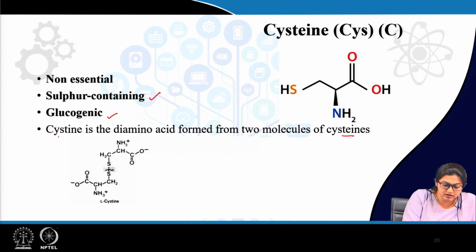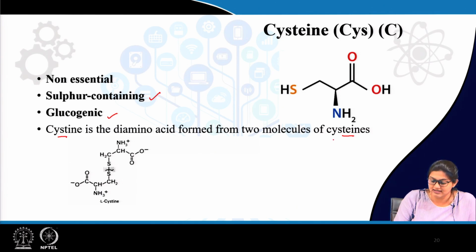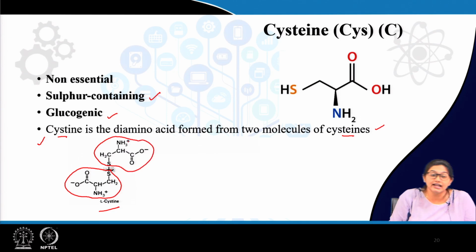Once again, concentrate on the spelling. Cysteine is the single amino acid, whereas cystine is the diamino acid. So, here you can see, this is one molecule of cysteine and this is another molecule of cysteine. They both form together cystine, the diamino acid.